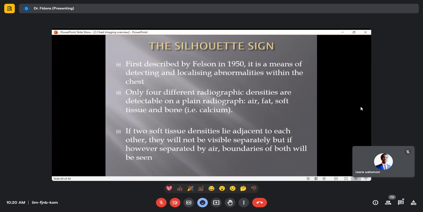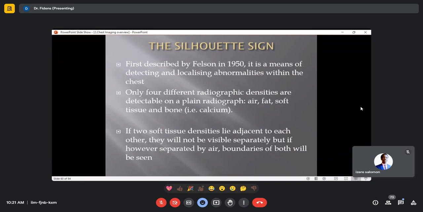Maybe let me read what I have written here. The silhouette sign was first described by Patterson in 1950. It is a means of detecting and localizing abnormalities within the chest. Only 4 different radiographic densities are detectable on a plain radiograph: air, fat, soft tissue, and bone.